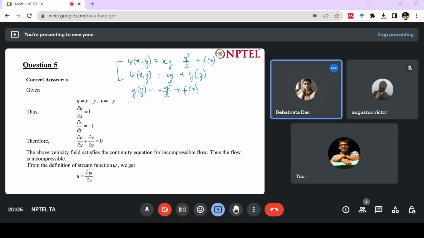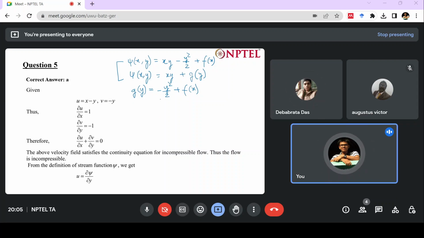Now what is f of x and g of y, how will we understand? Clearly, g of y is a function of y, which is equal to minus y square by 2 plus a function of x here. But clearly, g of y should not be a function of x. There should not be an x in the right hand side, since in my left hand side there is a function of y.